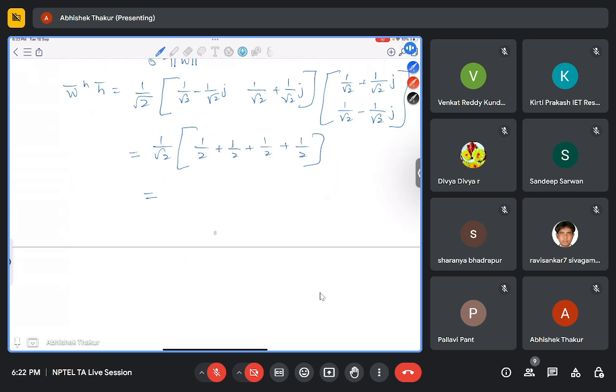The final answer will be 2 by root 2, so it will be root 2. So W bar Hermitian H vector mod squared will be 2.